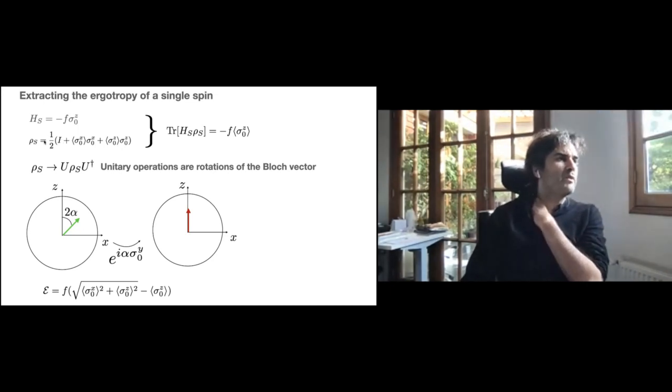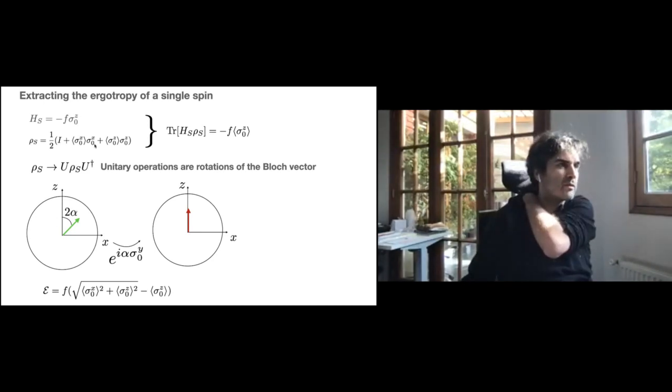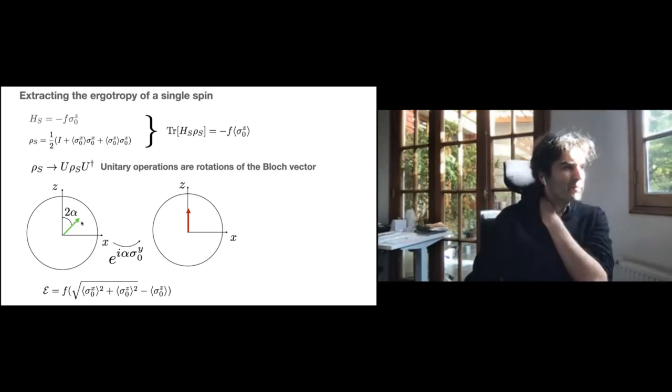So if I compute the average energy of the battery, it is given by the magnetization in the theta direction. But the state, this state point in the Bloch sphere, has y component equal to 0, so I have this Bloch circle, and it's pointing in this direction.